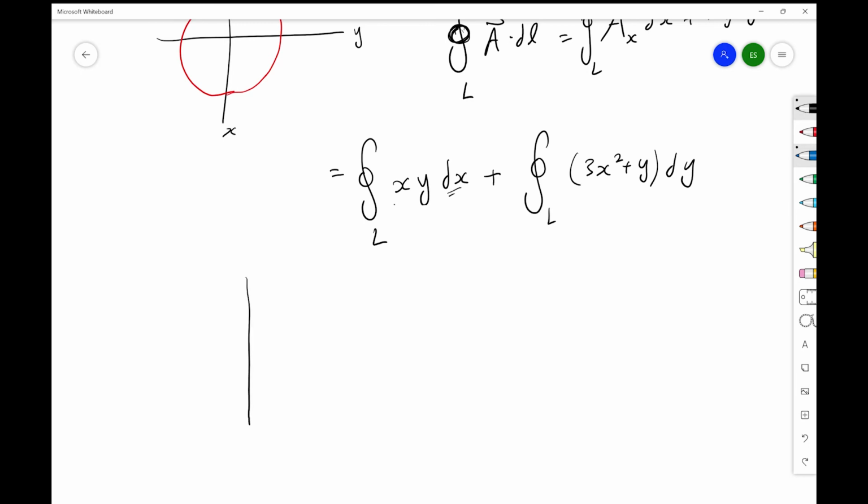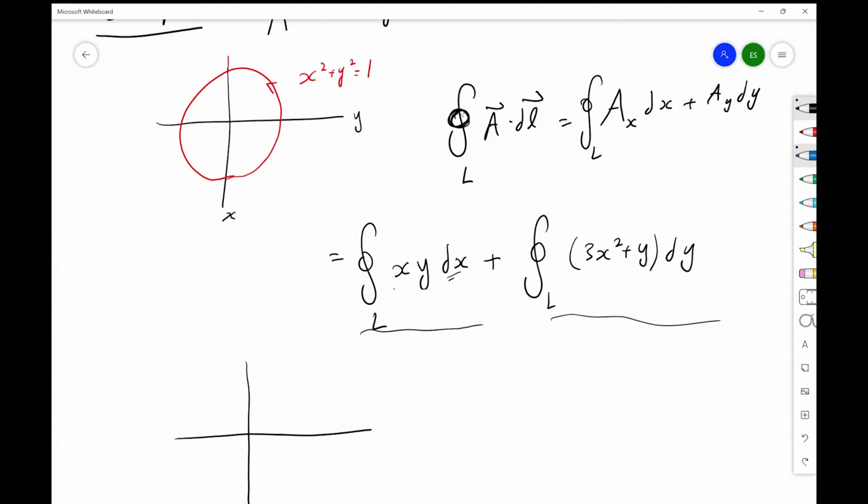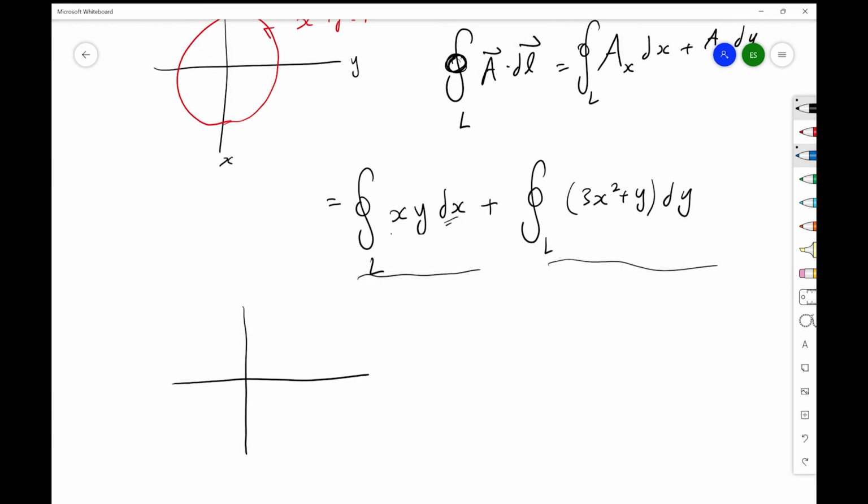First, how can we achieve this integration, by the way? So we have two integrations that we have to do. Well, how can we easily do this integration around the circle? What we could do is separate the circle into arcs. So I could start at point P1 here and first integrate along this arc. So this is the path L up to point P2.